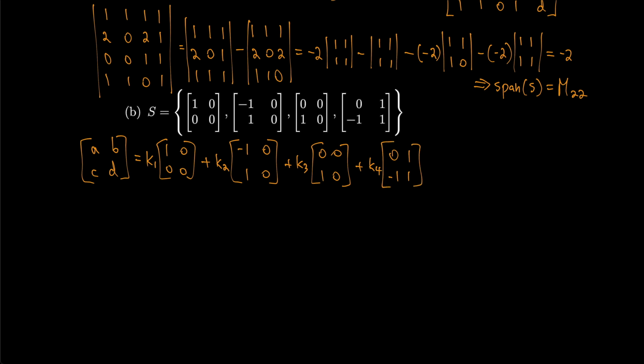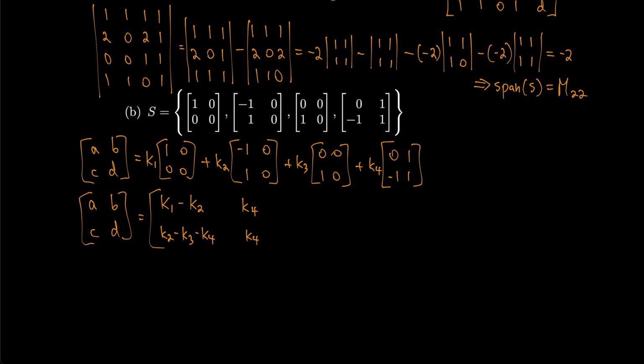And I'll get A, B, C, D equals K1 minus K2 by distributing the K's and adding everything up. K4 and K2 minus K3 minus K4, and then K4 again.